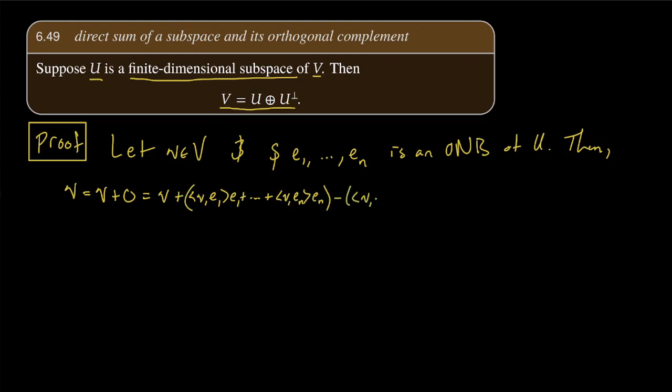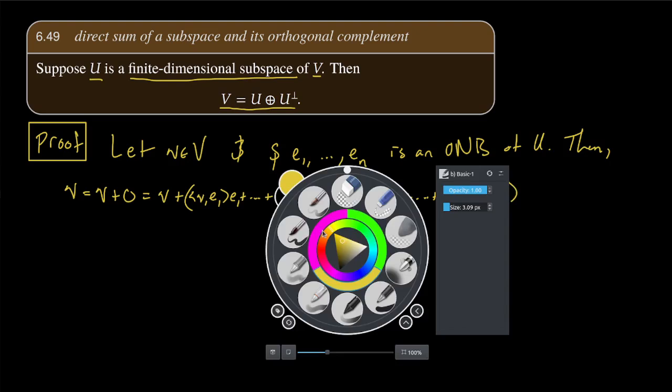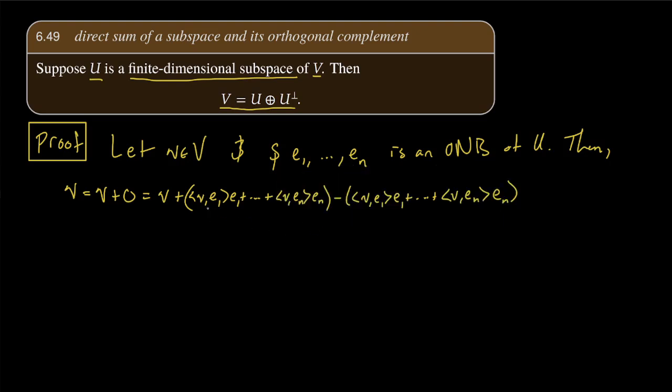Inner product of V with E1, scaling E1 plus ... all the way down through the inner product of V with En, scaling En. This will be much clearer now that I can actually point to things instead of just describing it. So thing minus the exact same thing. So this is V plus 0, yeah?